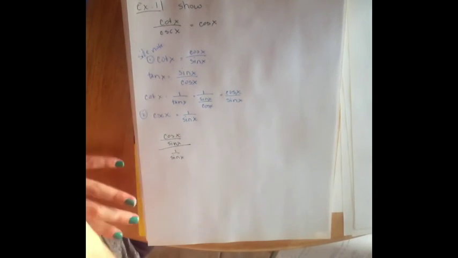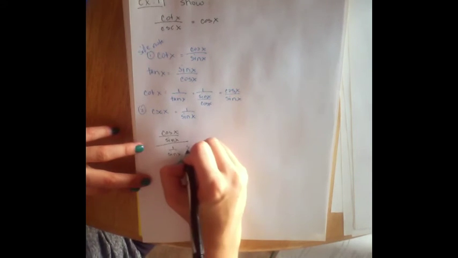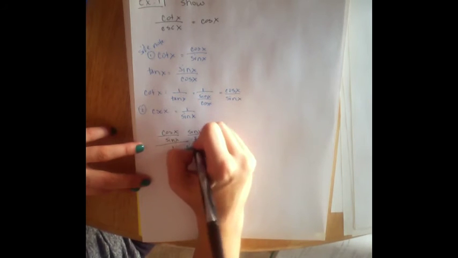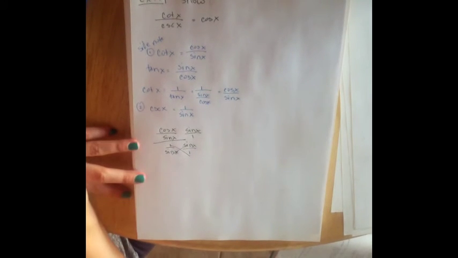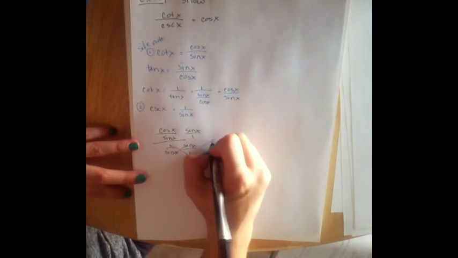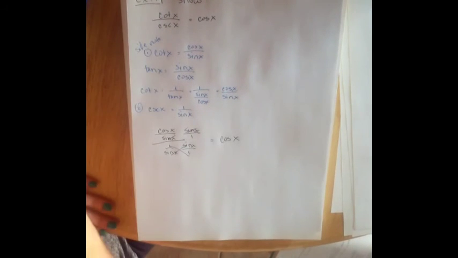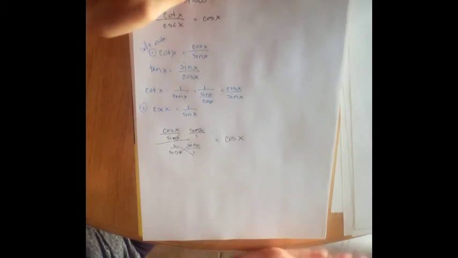Now I know if I have a fraction in my denominator, I multiply by the reciprocal on both the top and the bottom, canceling my 1 over sine x on the bottom, and canceling my sine x on the top, leaving me with the cosine of x. That's all we have to do. We just proved one of our trig identities, that this is a true statement.